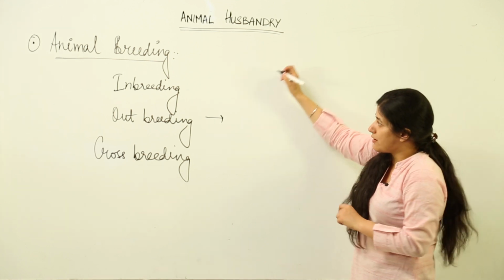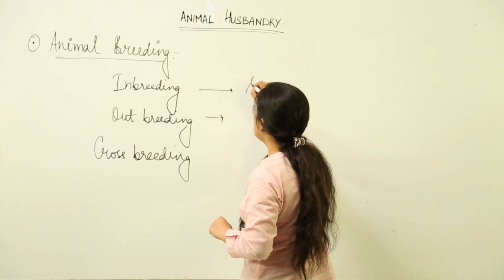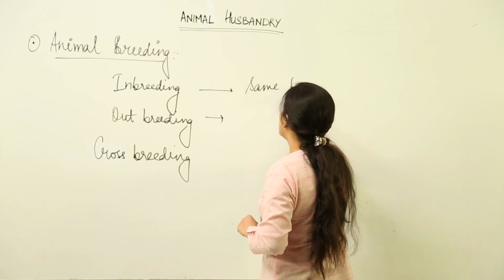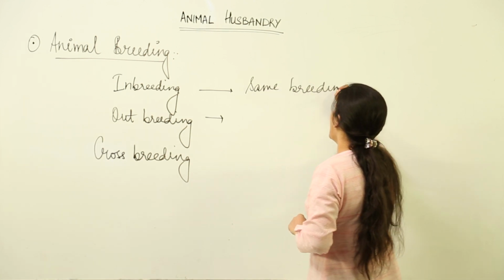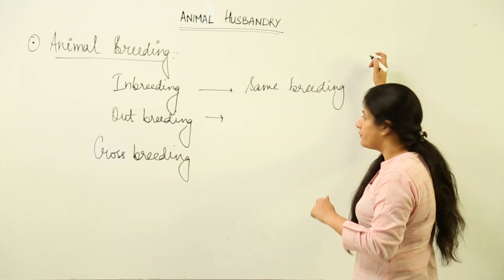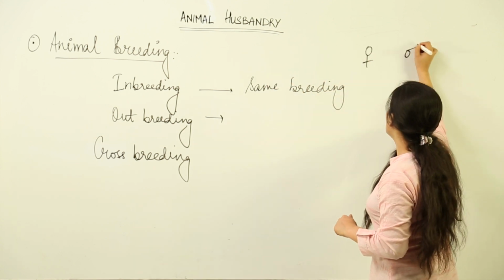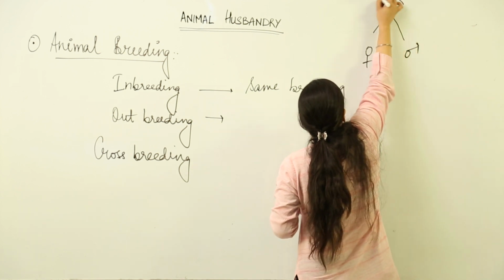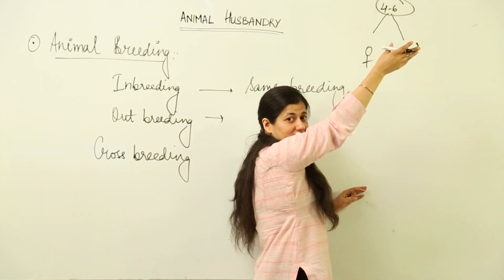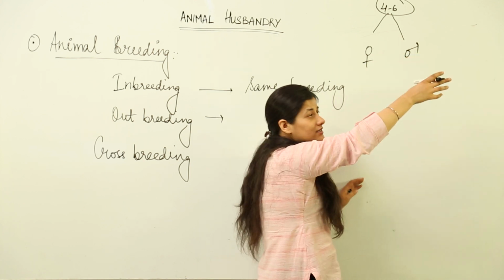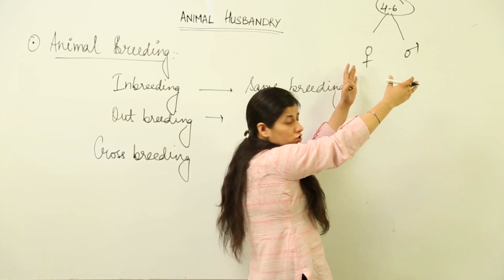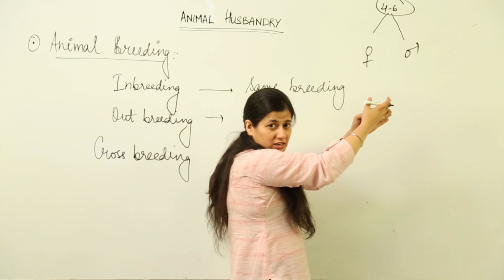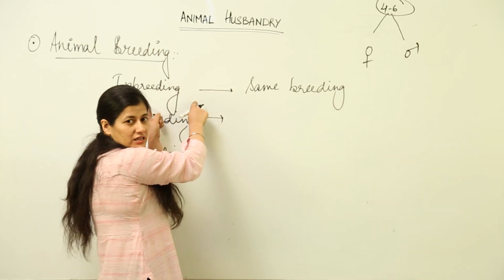Then we call it inbreeding. When the male and female being bred belong to the same breed, they will have the same ancestors, but the offspring would be different, of course. When those are bred in between, that is known as inbreeding.